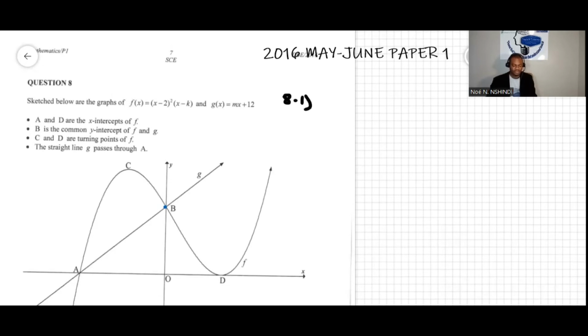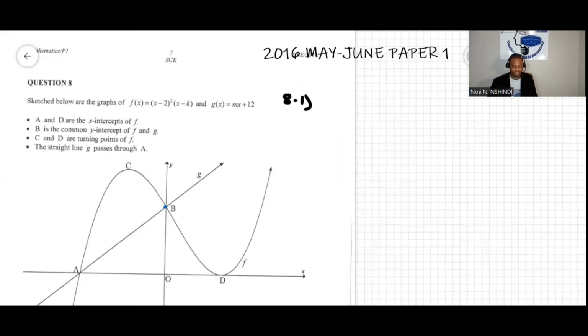Now, by definition, because B is the y-intercept, the y-intercept is when we make x equal to 0. In other words, it's just the constant value of the y of the straight line.